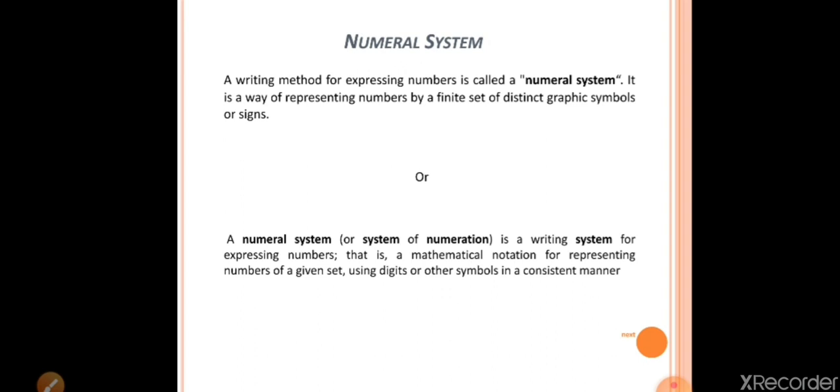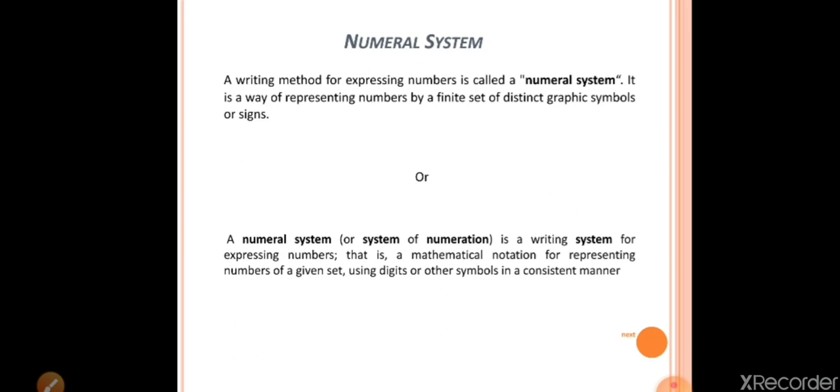If you write V, that means the symbol of 5. In the same manner, the Greek numeral system also has different symbols. One symbol I will tell: in Greek digits, if H is written, then the decimal value is 100. If M is written, then it is 10,000.